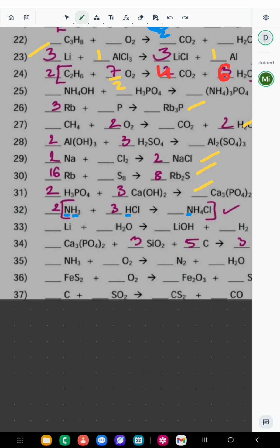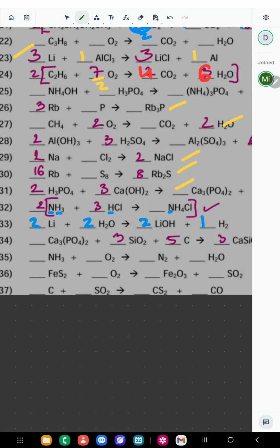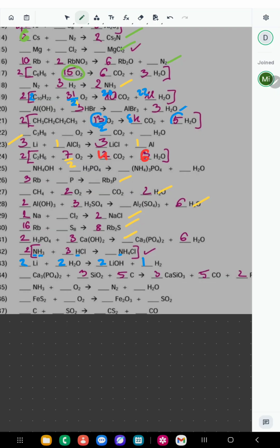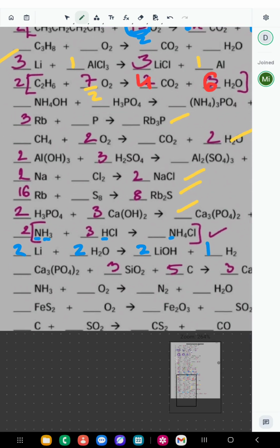That's 33. Okay. Yes, this is 2 lithium. You mistakenly wrote that there. So 34, what happened here? 34, 35. Okay, this one is correct, because you have 2 lithium.